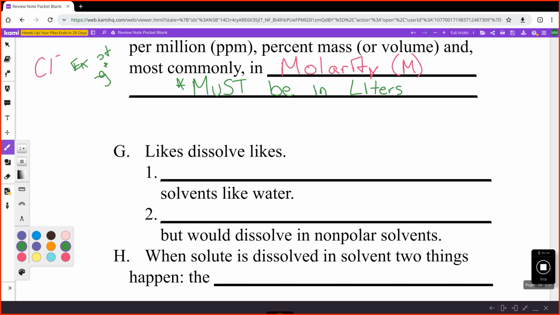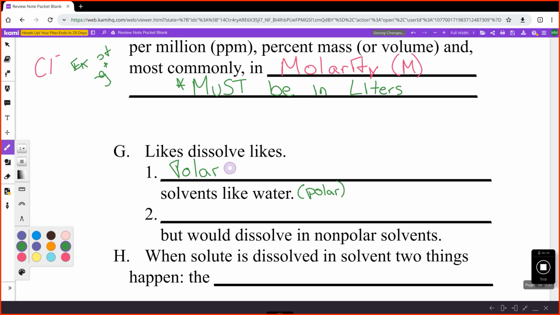So in order for you really to understand this, you have to know in the back of your head that water is polar. And if water is polar, then anything that dissolves in water has to be polar.